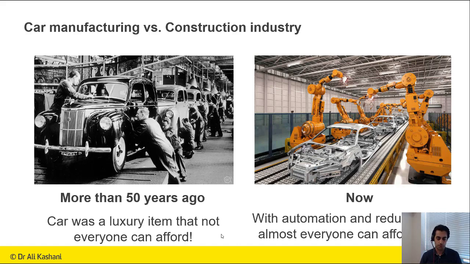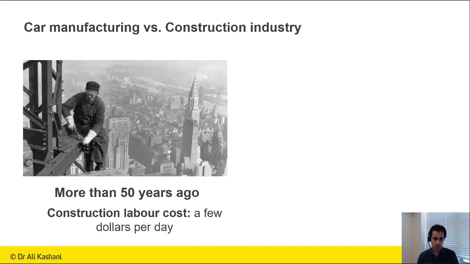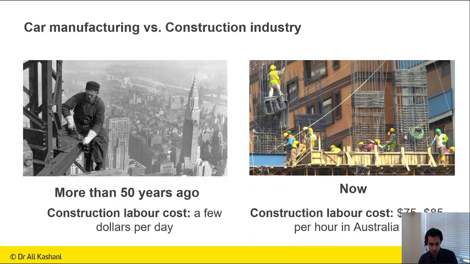But if we compare it to the construction industry more than 50 years ago, everything was done by hand, and construction labor cost at the time was a few dollars per day. But nowadays, we almost do the same thing.